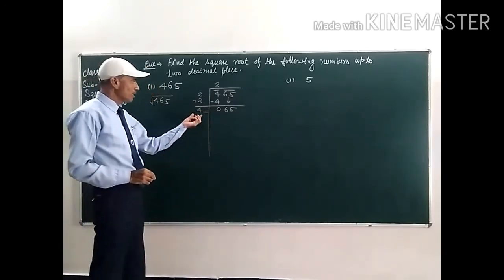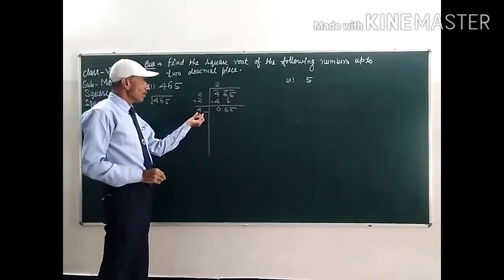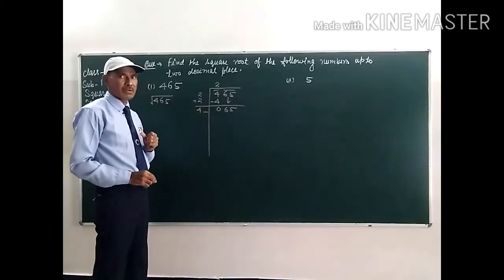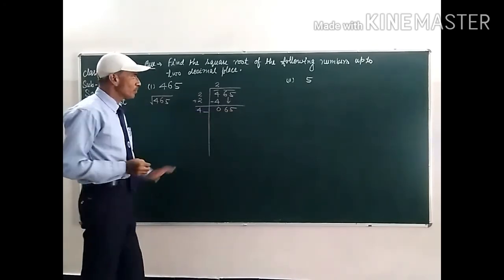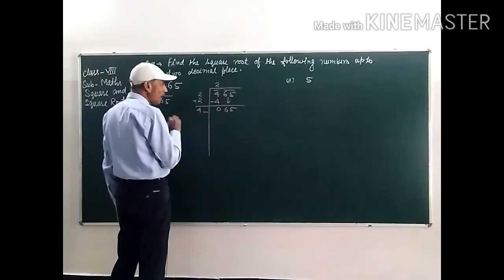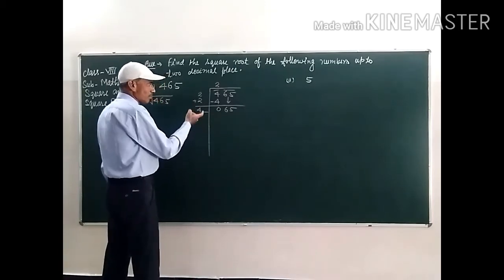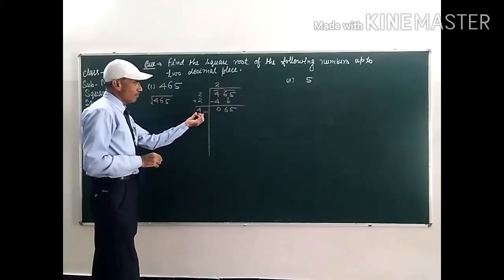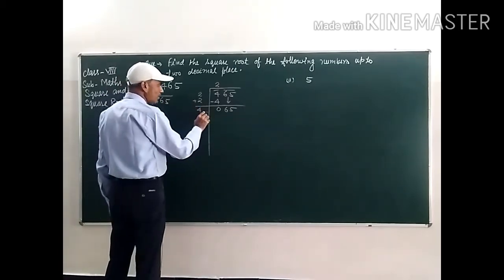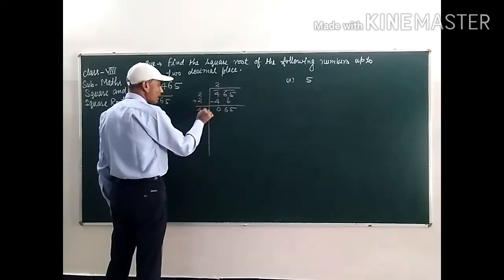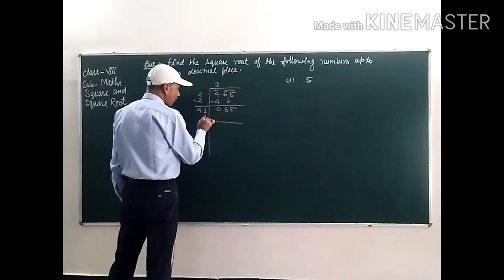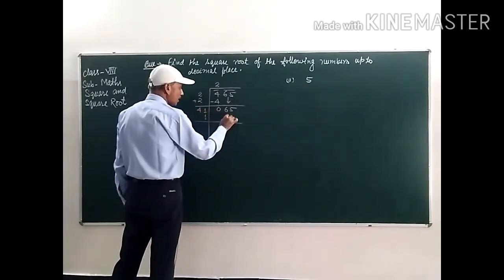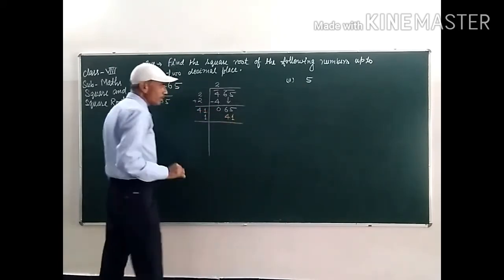The place value of this number is 40 to 49, and this number is 65 here. So we have to take 1 time, this one 41, write 1 here, 41 1 is 41.